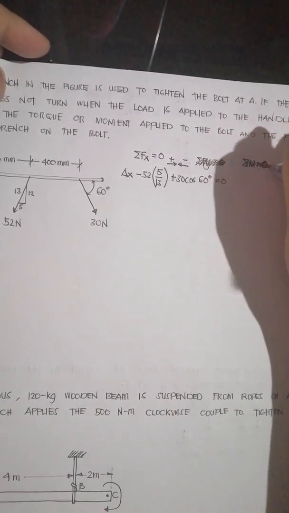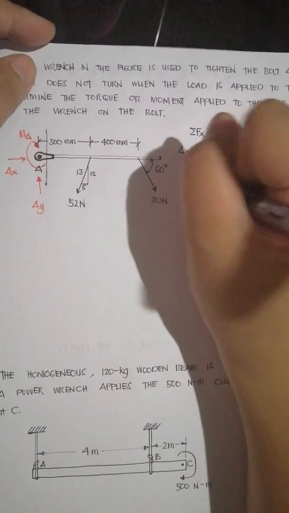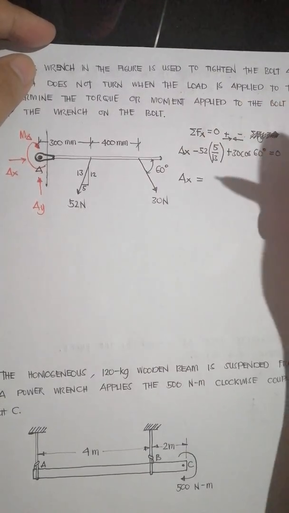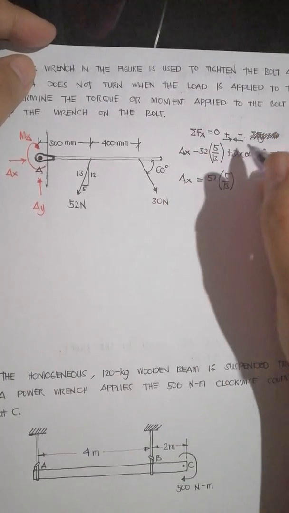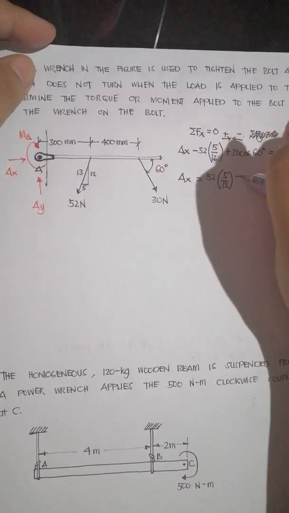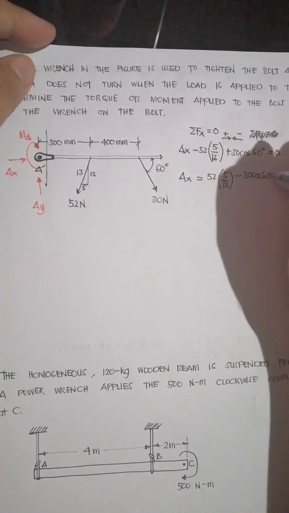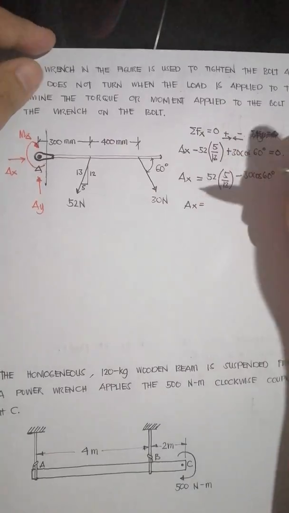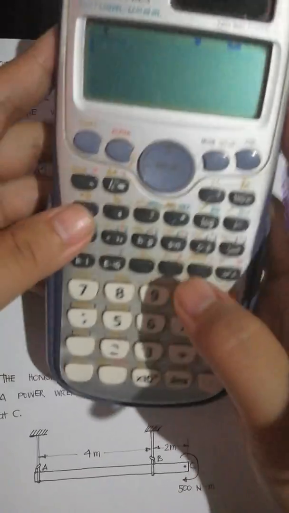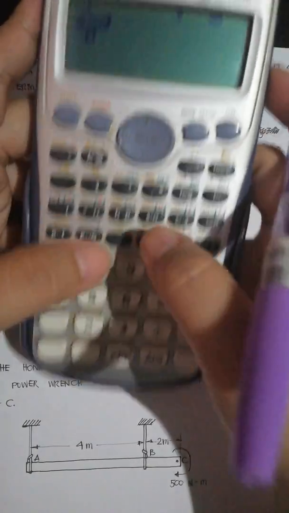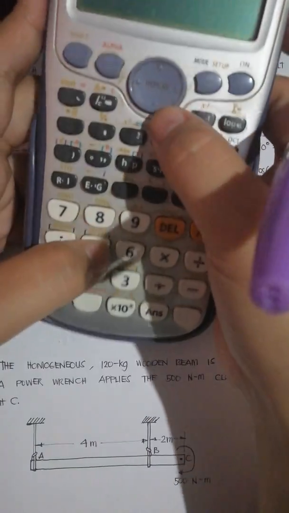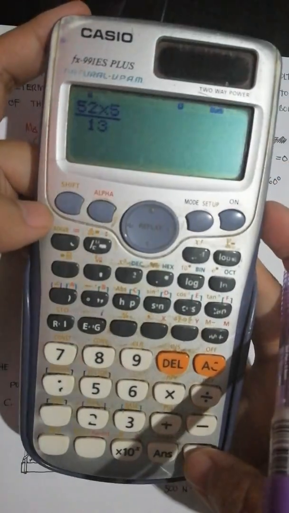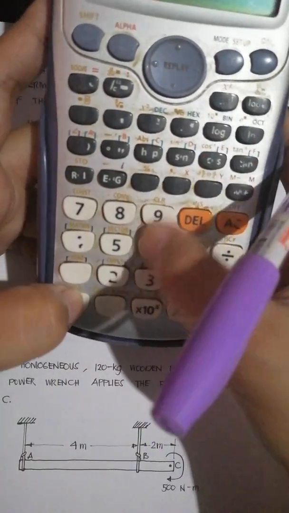Okay, we'll just erase this for a while. Then we'll now have Ax. So Ax is 52 times 5 over 13, transferring it to the other side of the equation, minus 30 cosine 60.